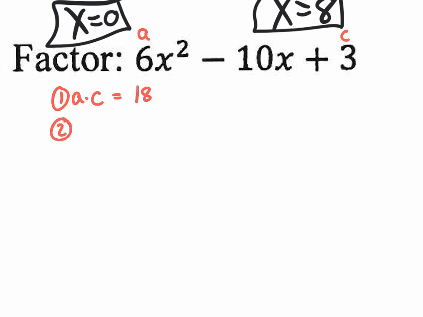Step 2 is to think of the multiples of that answer, 18. So 1 times 18, 2 times 9, 3 times 6, and think which pair of numbers combines together to give you the middle value, b, which happens to be a negative 10 in this case, and in this case, none. So this one's going to be not factorable.